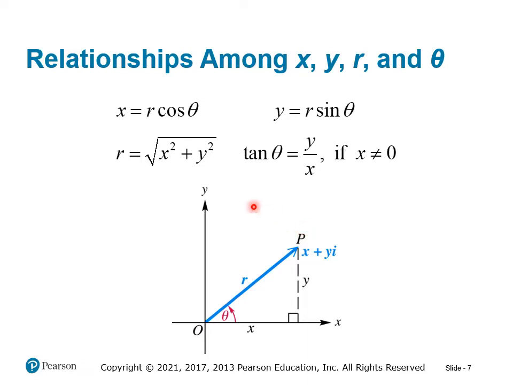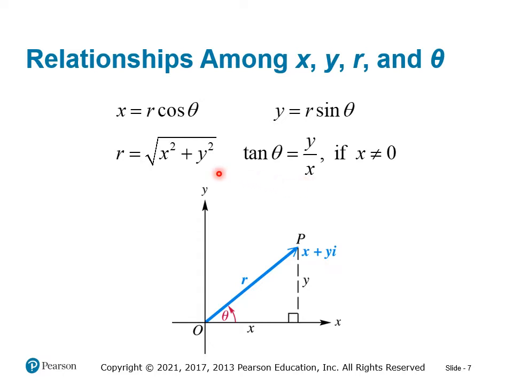And so we know by the Pythagorean theorem, again review from the vector chapter, the magnitude of the radius is the square root of x squared plus y squared, and that's simply a squared plus b squared equals c squared. We also know that the tangent of an angle in a right triangle is opposite over adjacent, or y over x.